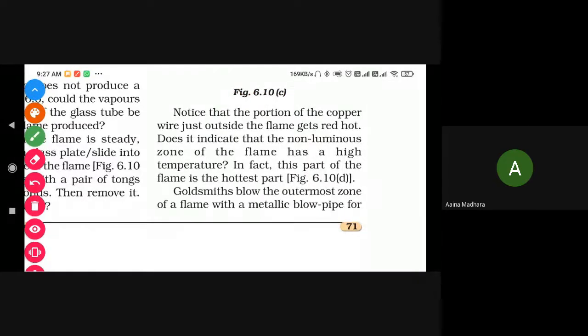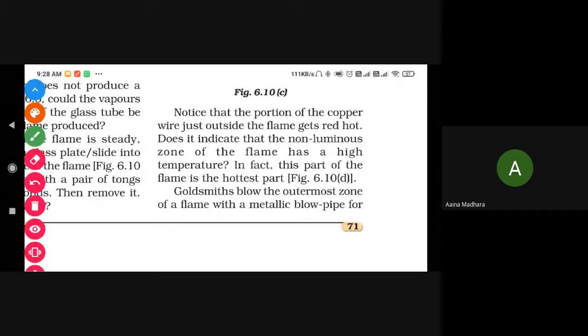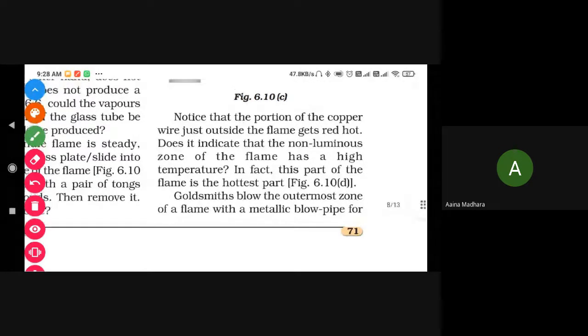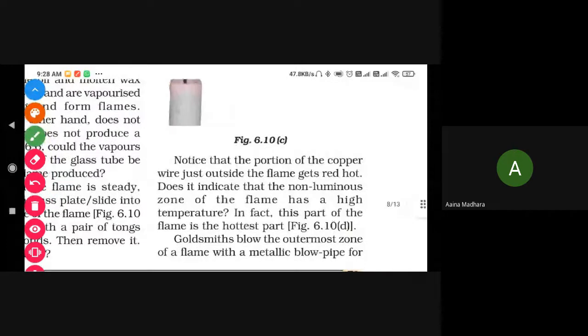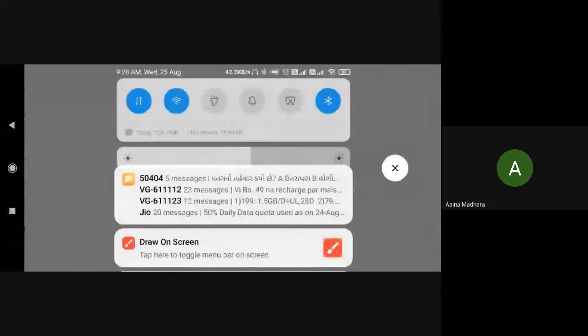It indicates that the non-luminous zone of the flame has a high temperature. In fact, this part of the flame is the hottest part. Okay, beta, done. We'll discuss in the next lecture.